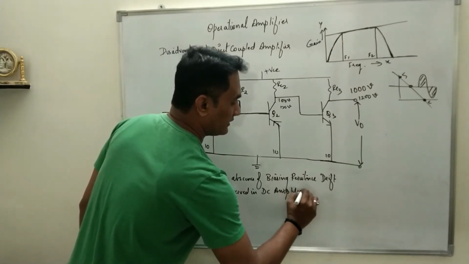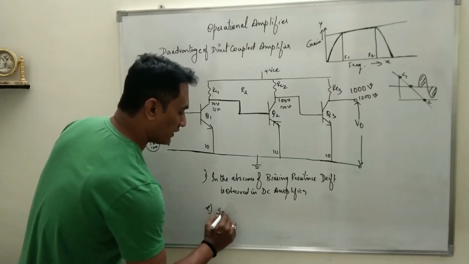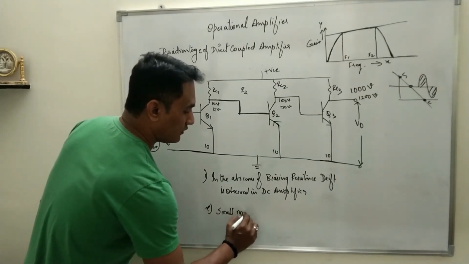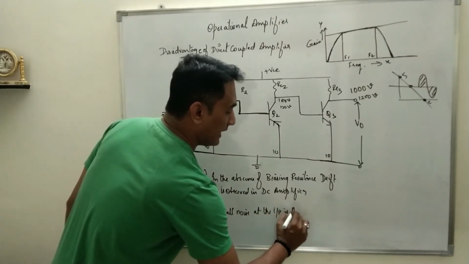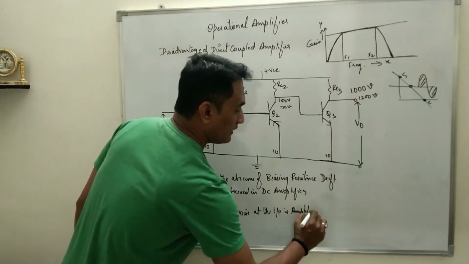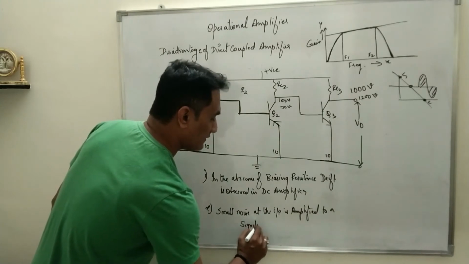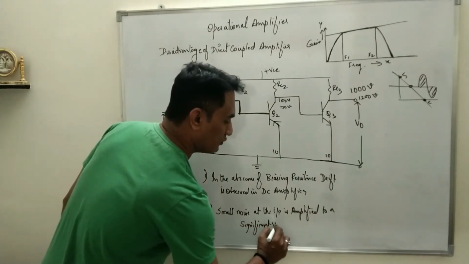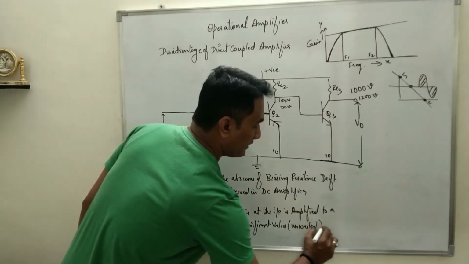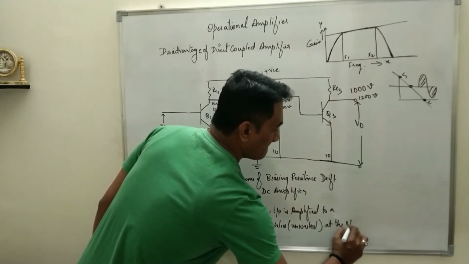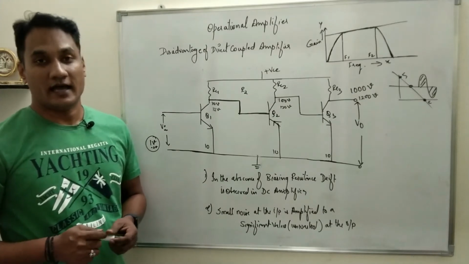Second: small noise at the input is amplified to a significant value, which is unwanted, at the output. So these are the two disadvantages of direct coupled amplifier.